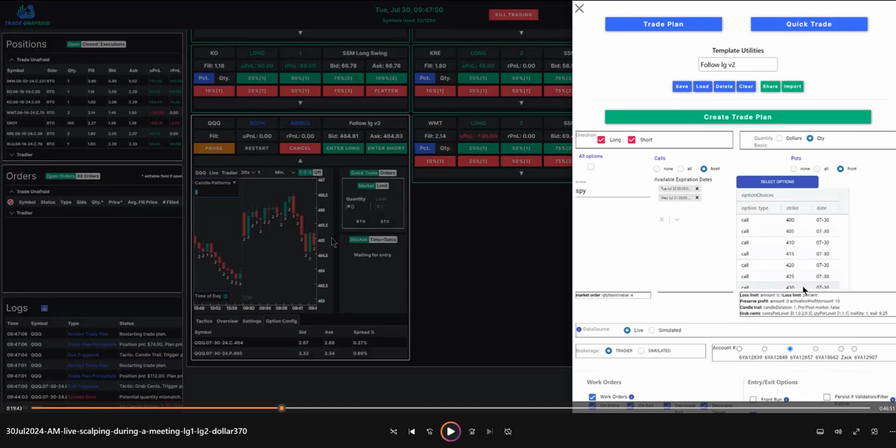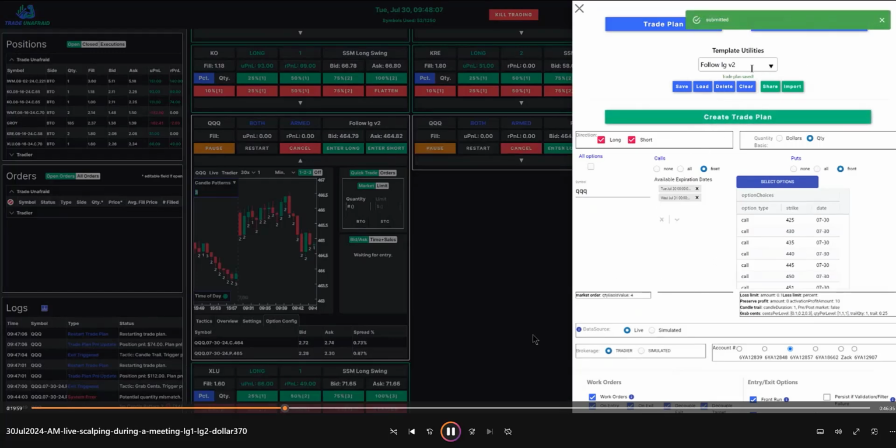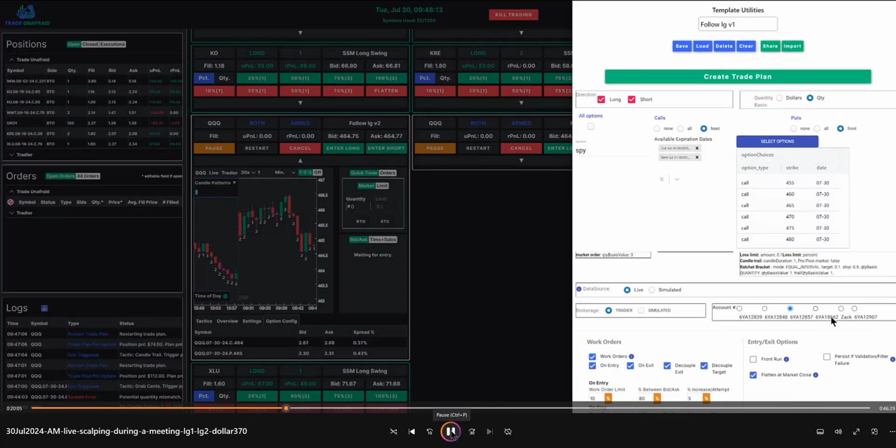Now, here's where I realized I don't have the trade plan that I want. So what I'm going to do is check that front run and save that so that next time I create a trade plan, it'll have that front run. And front run means that it will be using the bid and ask.